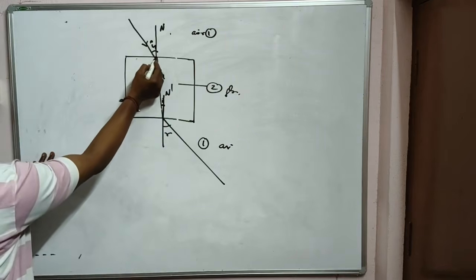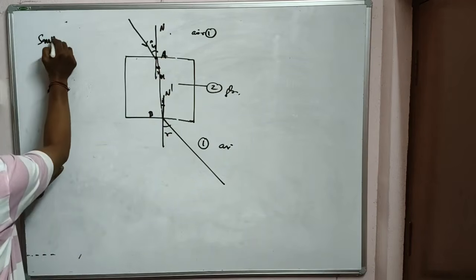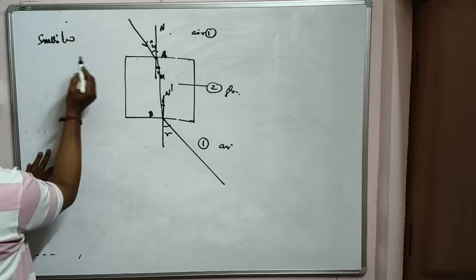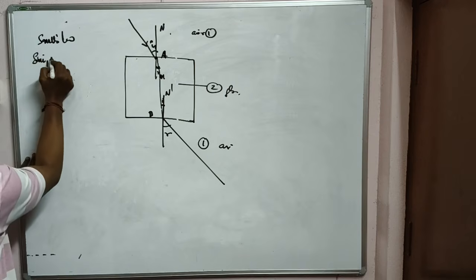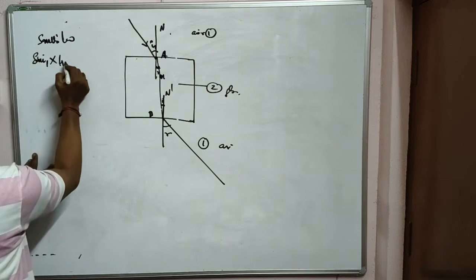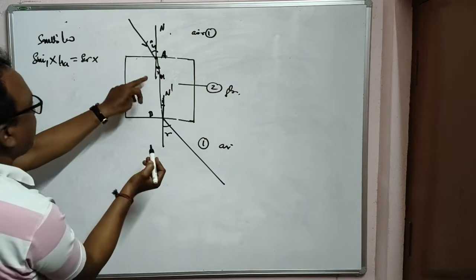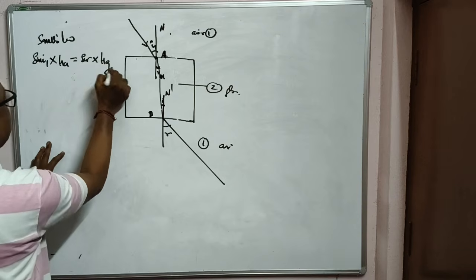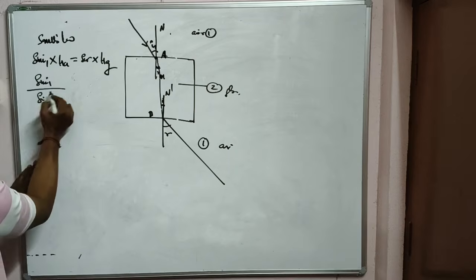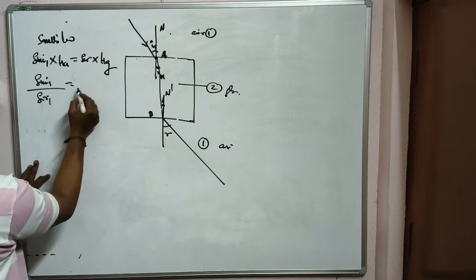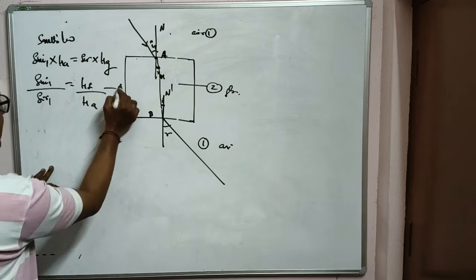So apply Snell's law here, at point A and point B. Just now I told you what Snell's law is: sine of angle of incidence into the refractive index of that medium is equal to sine of angle of refraction in the second medium into the refractive index of the second medium, that is the glass slab. So you can write like this: sine i1 by sine r1 is equal to mu G by mu air. This is one relation.